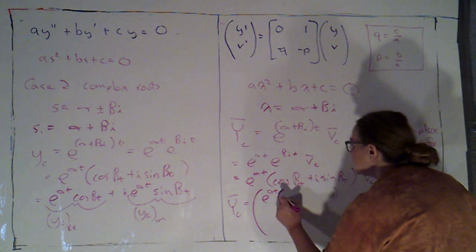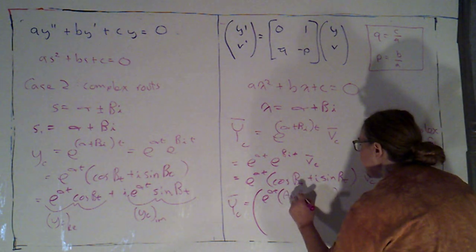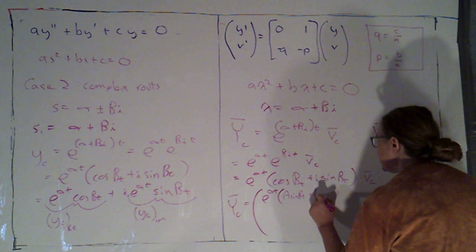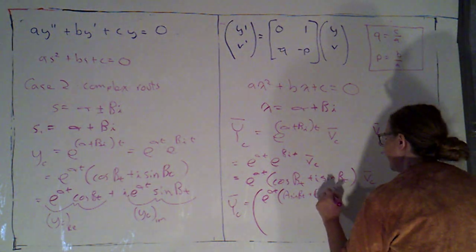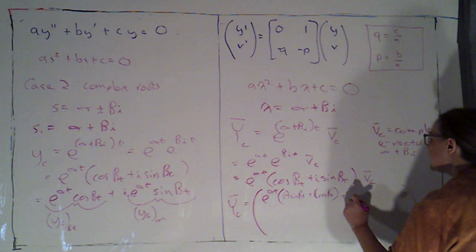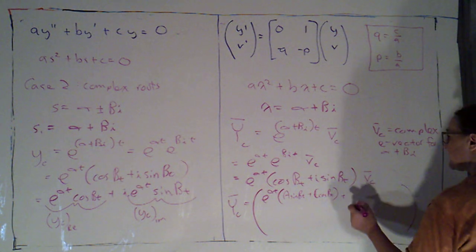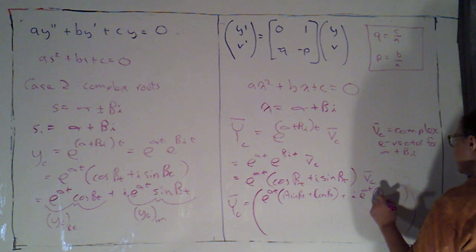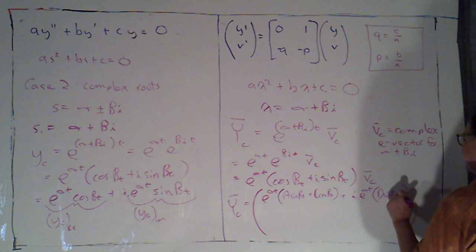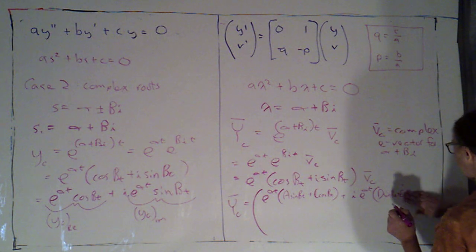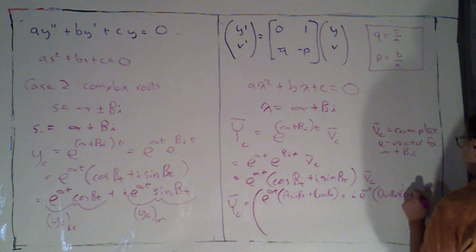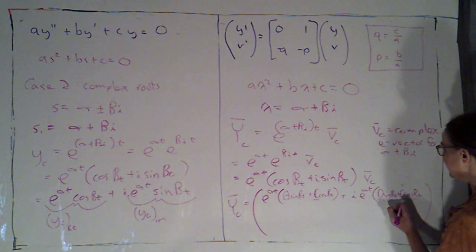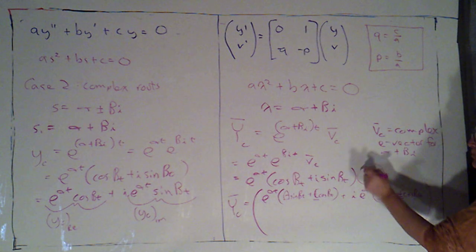I'm just going to say a copies of sine beta t plus, I'm going to skip b because it looks like beta, plus c copies of cosine beta t, plus then i copies of e to the alpha t times d copies of sine beta t plus e copies of cosine beta t.